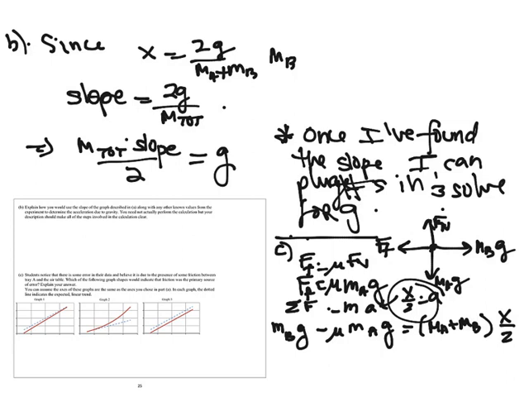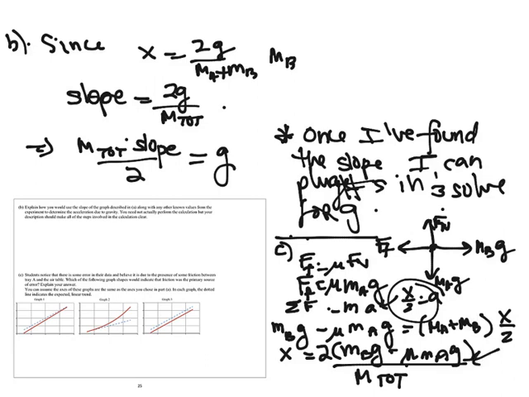And if it helps you see this more clearly, we can solve for x. So we end up with x is equal to now mb g minus mu ma g over still our m total and times 2. Okay, so our question is, when does this equation look like our line?